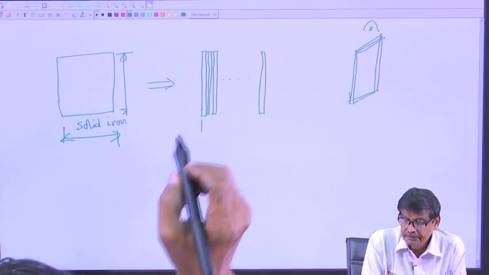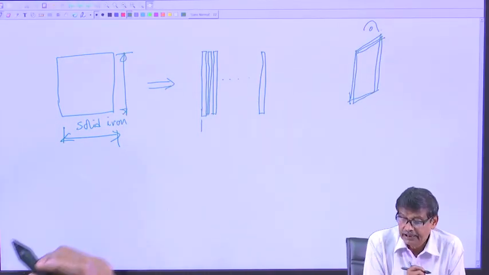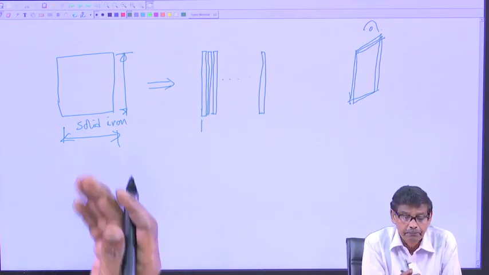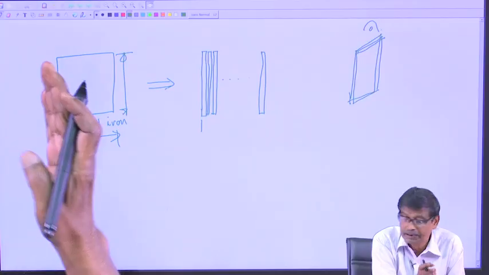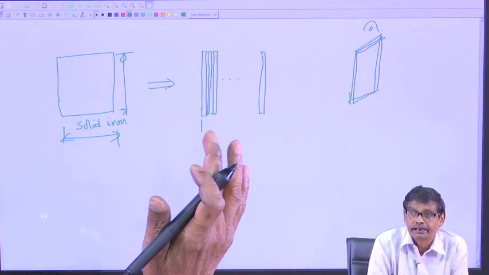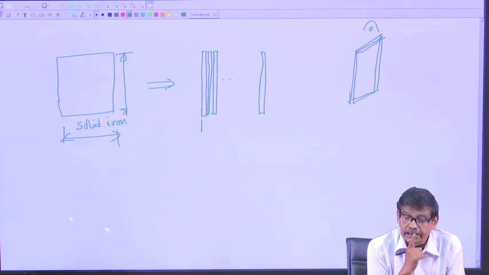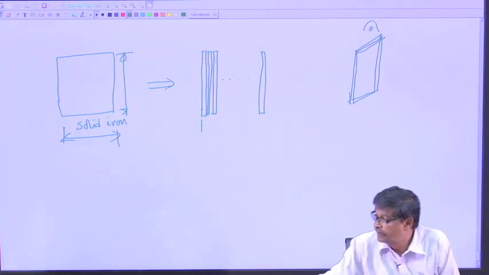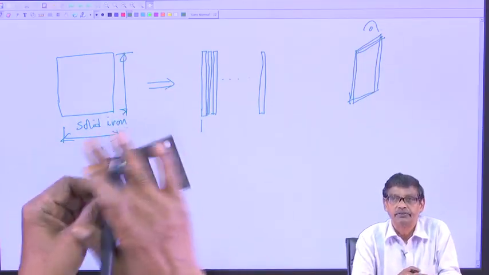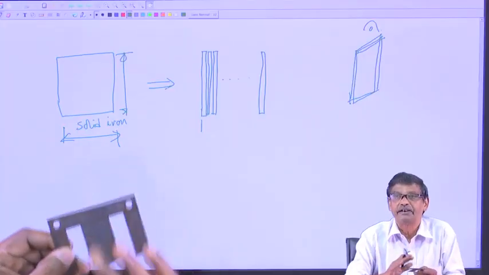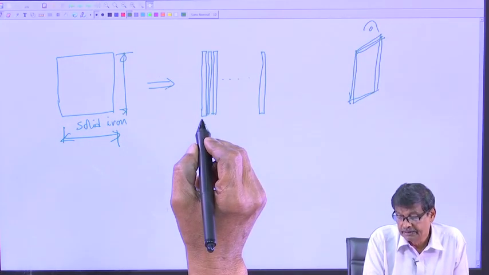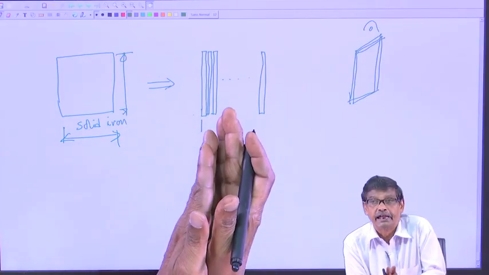But then, not only that, also what you do, that is a very important step. You simply, it is a solid iron, you simply cut it in different pieces, stack them together. No, not like that. Then what you have to do is give a varnish coating to each plate, give a varnish insulation, paint it, so that each plate is electrically insulated from the next plate.